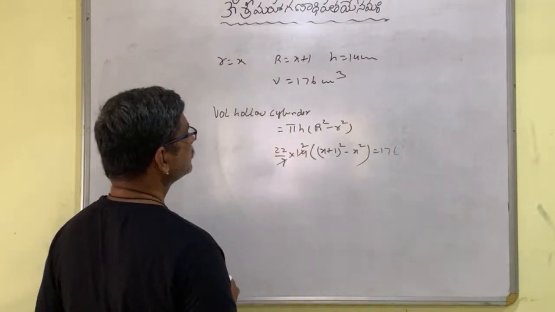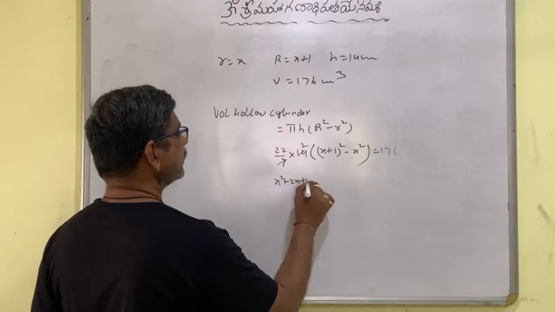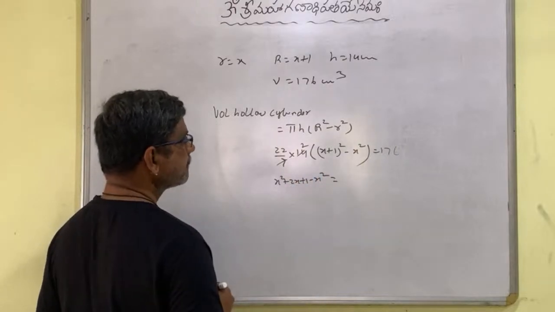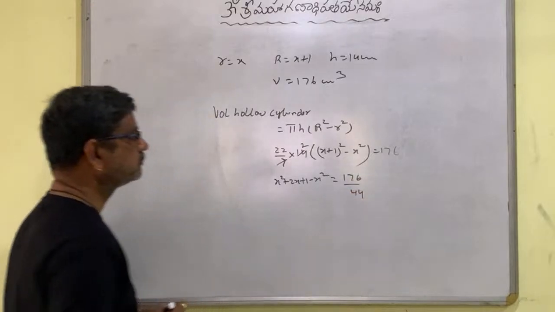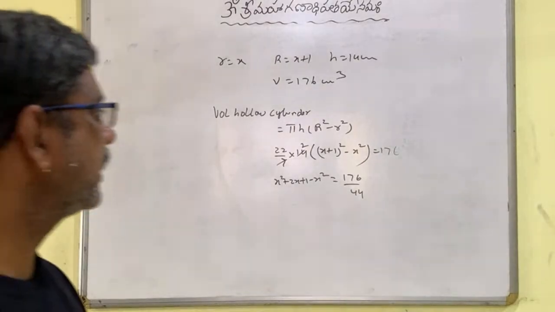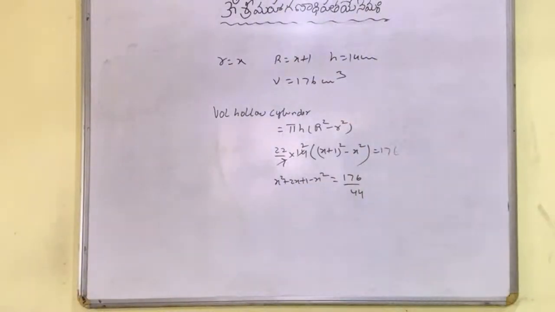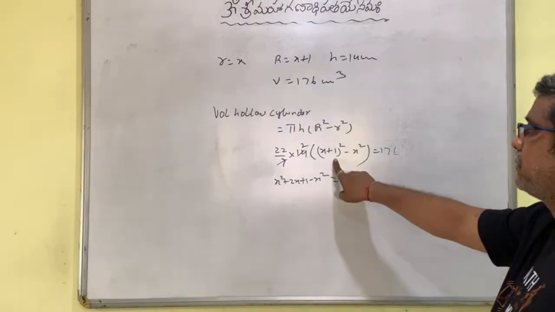2 times, so x square plus 2x plus 1 minus x square is equal to 176 by 44. Simplify and tell me what is the inner radius and outer radius. You need to expand this one.